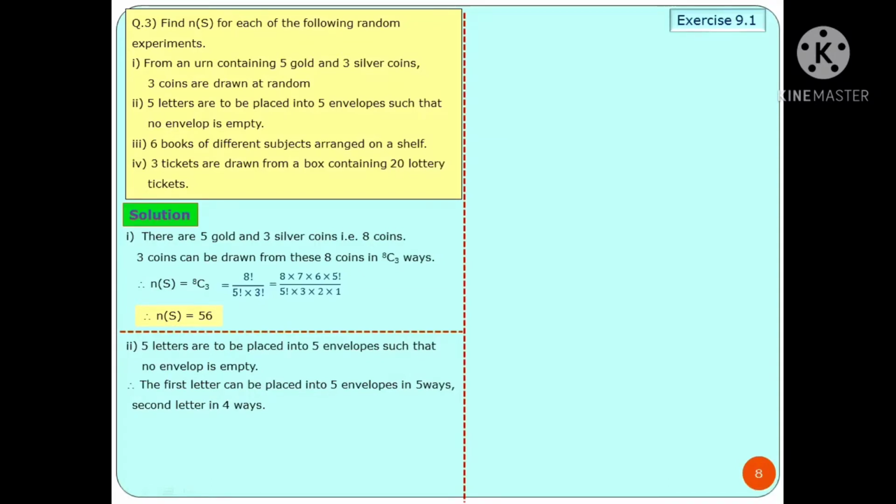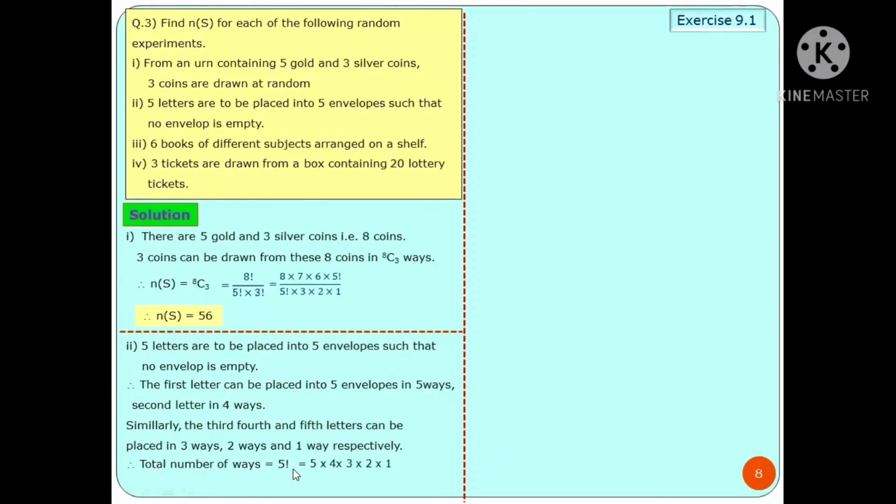For the third letter, 3 envelopes are available, for the fourth only 2, and the last fifth letter goes into the last envelope, which is 1 chance. Hence the total number of ways is 5 factorial, that is 5 into 4 into 3 into 2 into 1, which is equal to 120.